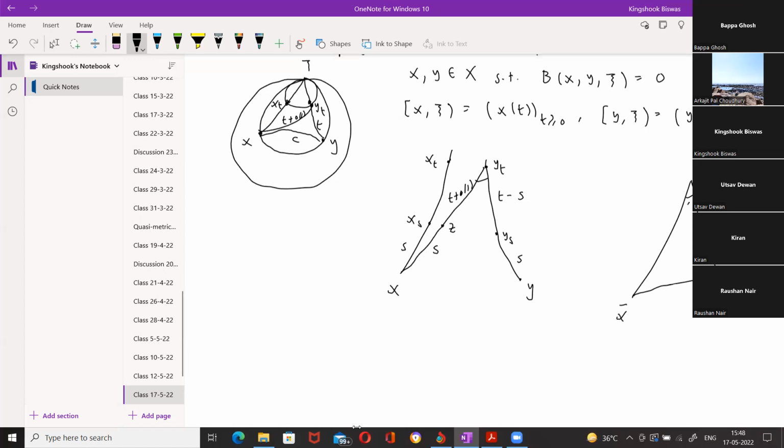Then this angle theta, I know what it looks like: sine squared of half theta is big O of e to the minus 2t. Let me do this properly for you so that you see the details of it. We've done this sort of calculation last time. I'll just do it again.